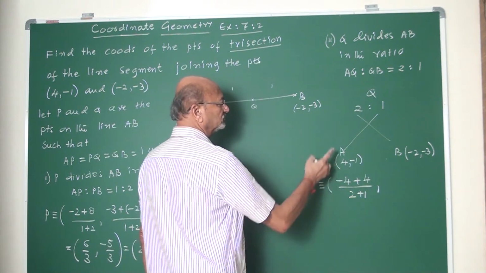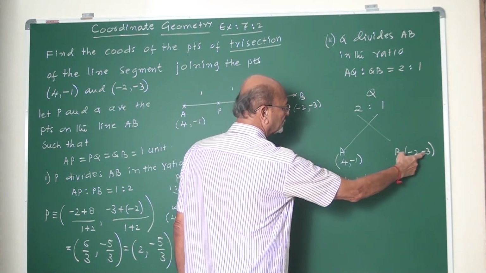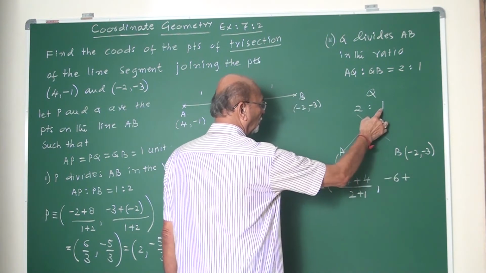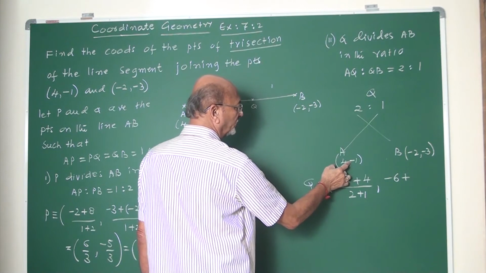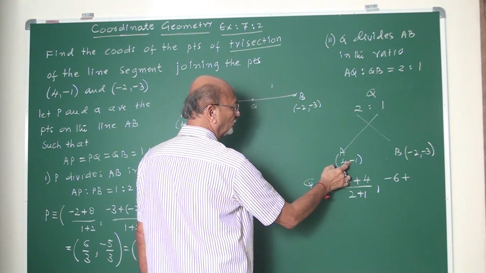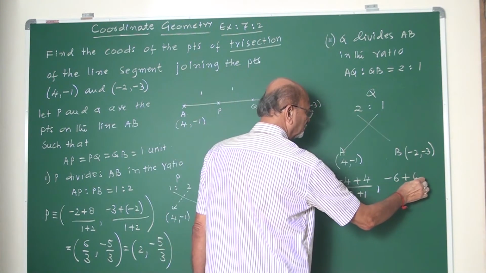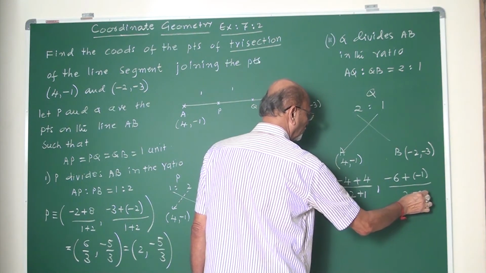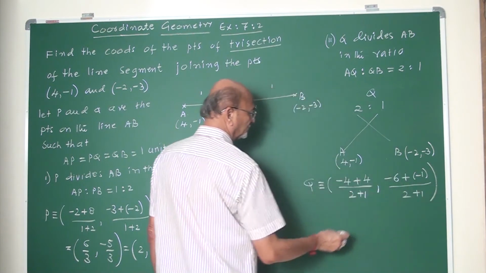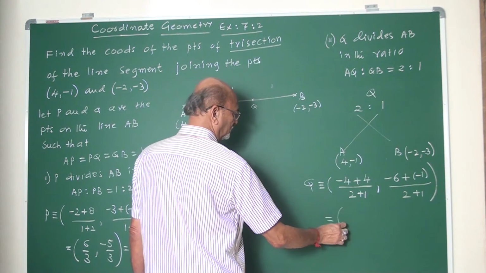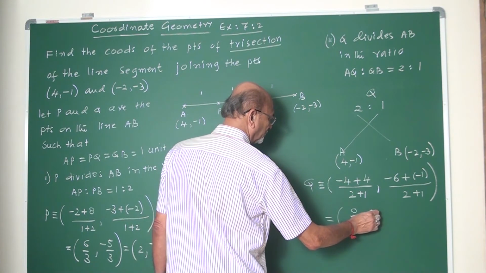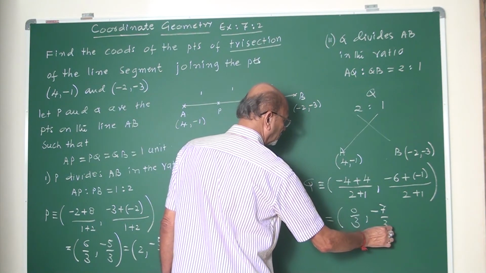For y, 2 into minus 3 is minus 6, plus 1 into minus 1, which is minus 1. The denominator is 2 plus 1. Simplify it: 0 by 3 and minus 7 by 3.